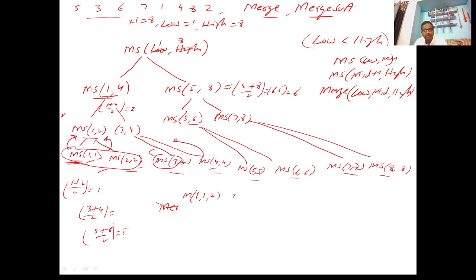So the second invocation of your merge will be with 3, 3 and 4. Is it wrong? It is going to be low, mid and high. Yes, 3, 3 and 4.